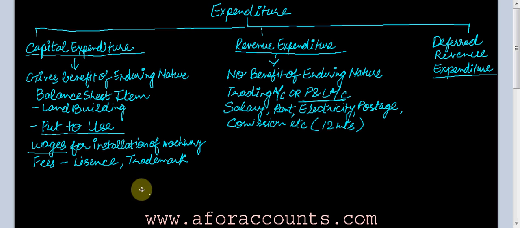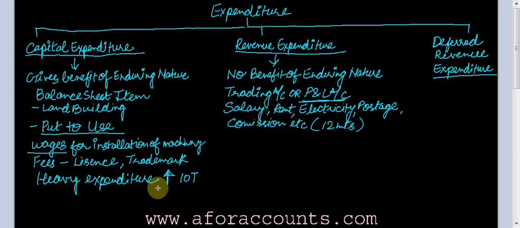Now, some heavy expenditure incurred that increases the efficiency or the value of your fixed asset. So say I have a machine which could produce 10 tons of a material in a day.